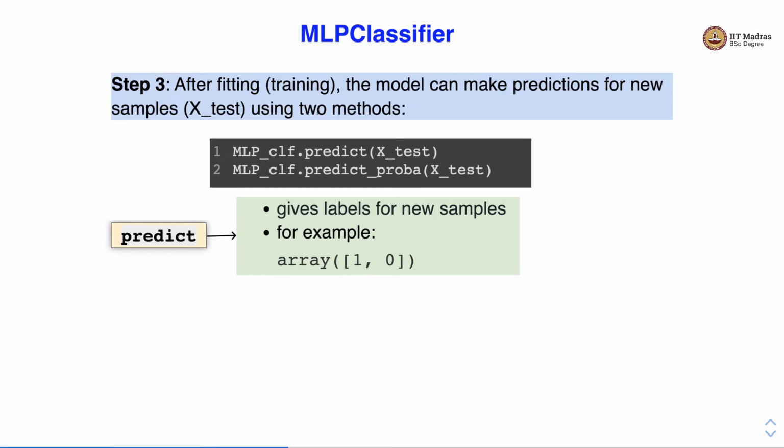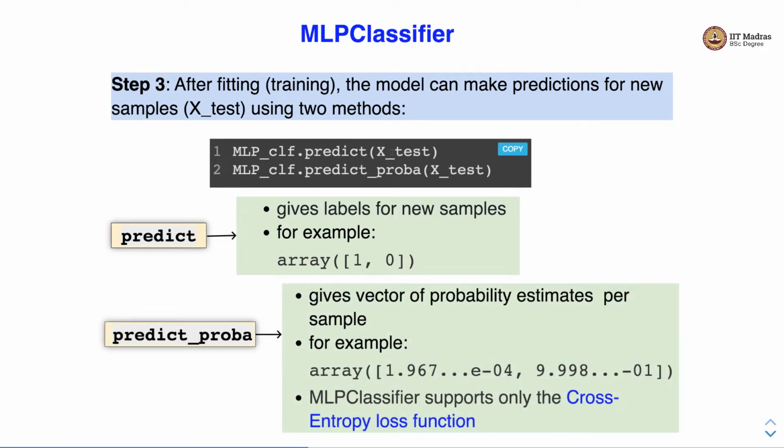The new examples are passed as input. This is the feature matrix corresponding to the test examples, and we obtain the labels for each example in the feature matrix. Whereas predict_proba gives a probability distribution over the class labels.